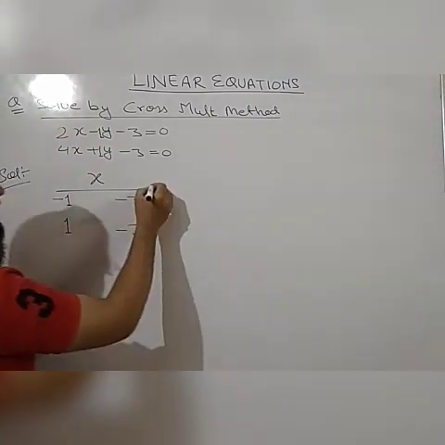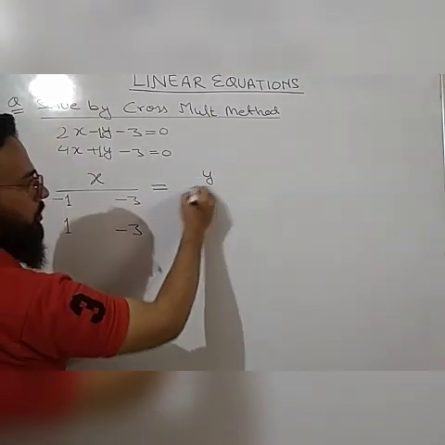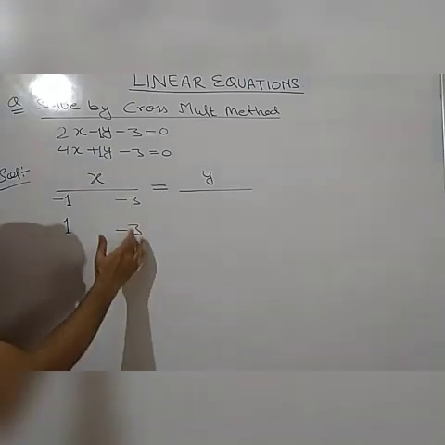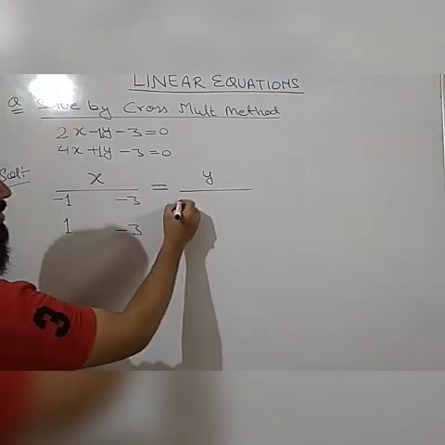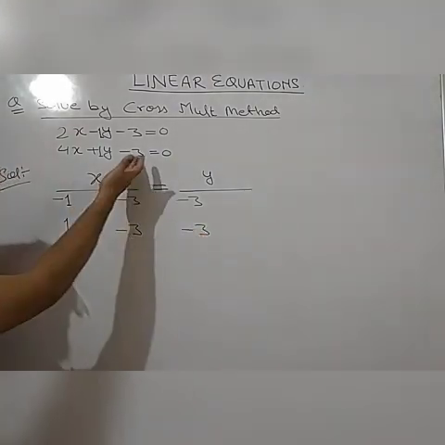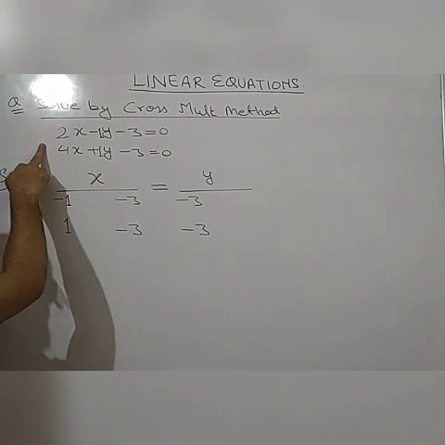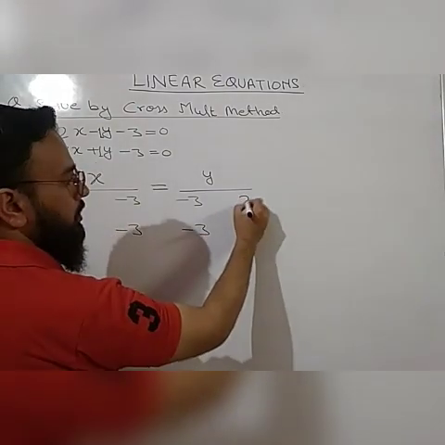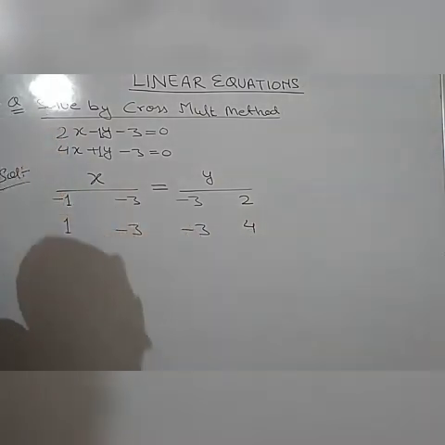Then it is equal to y upon, then we repeat this term minus 3 again, so it will be minus 3 and minus 3. And what will come after minus 3? We will move towards x. The coefficients of x are 2 and 4, so write here 2 and 4.